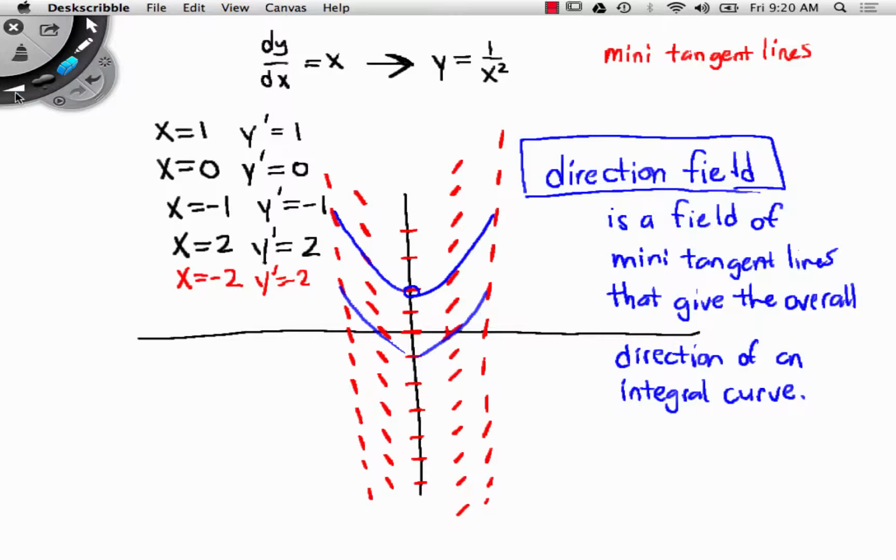Yeah, 1/2 x squared, that's right. So y equals 1/2 x squared. Am I missing anything? Let's see. Plus c. Now you already know right here that this is a parabola.